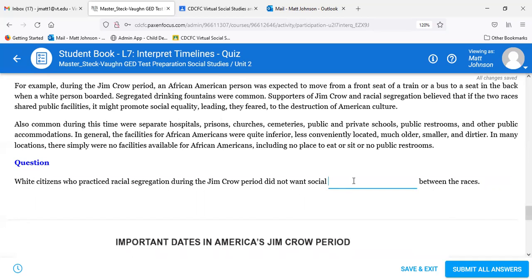And that's what they were afraid of. It was easy to continue to suppress African-American rights and social equality. We talked about that, the view, particularly in the South, but this was all over. It wasn't just Southern states that were guilty of segregation and discrimination at this time.